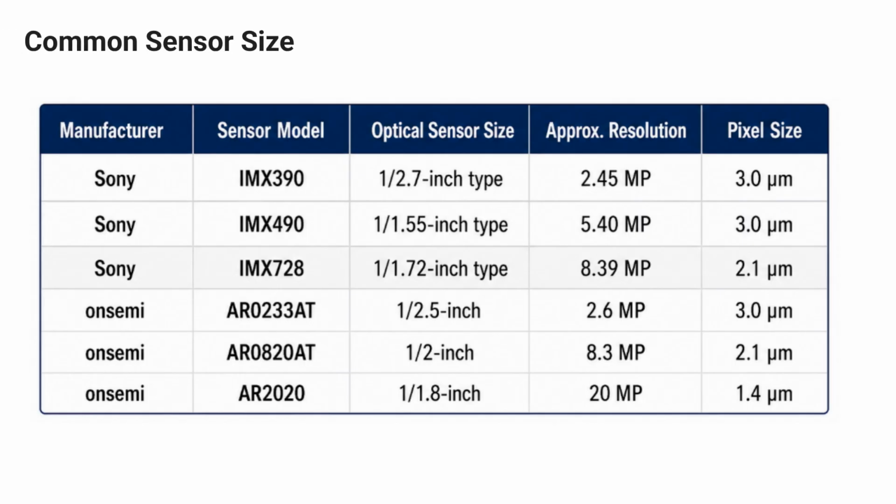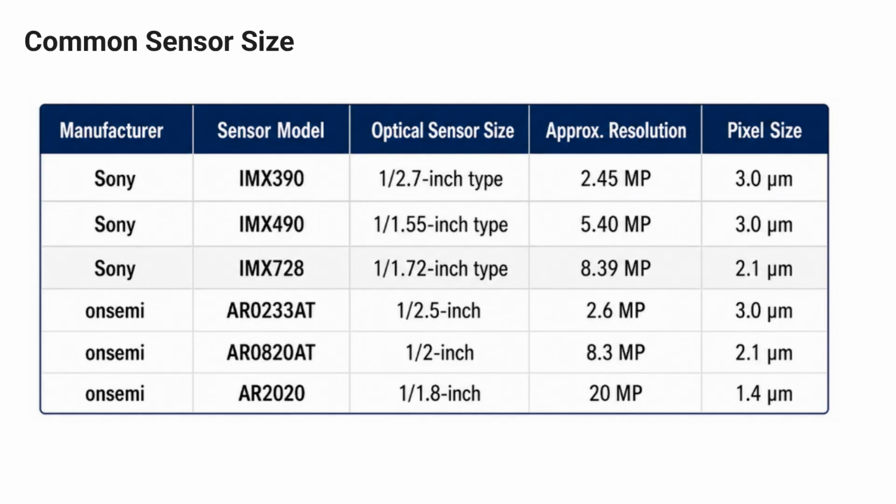This table compares selected Sony and onsemi image sensors that may be considered for automotive and UGV camera applications. It shows that sensor size, resolution, and pixel size vary significantly across models. For example, sensors such as the IMX3T90 and AR0233AT use larger 3 micrometer pixels, which can support good low-light performance.